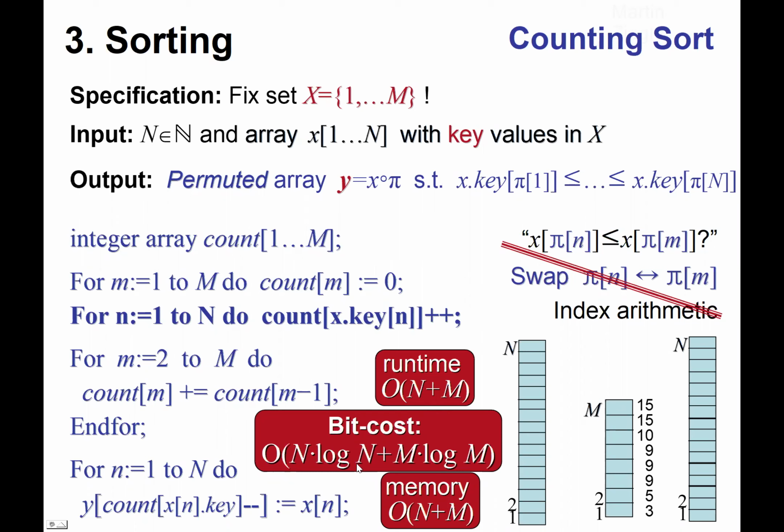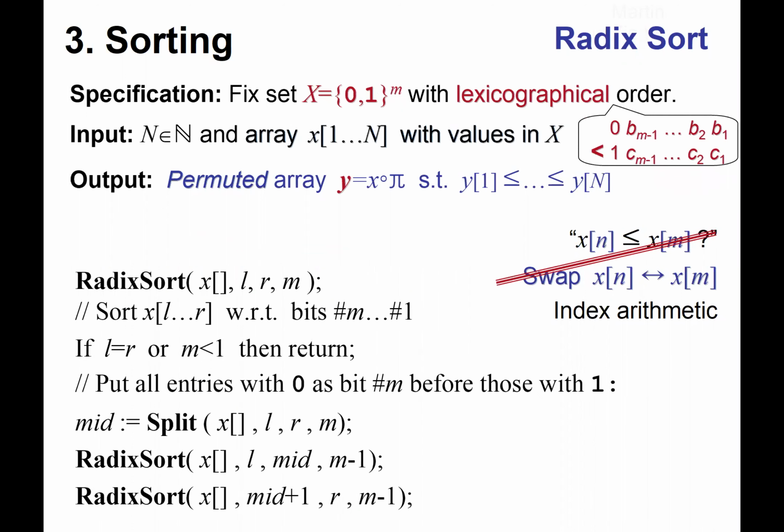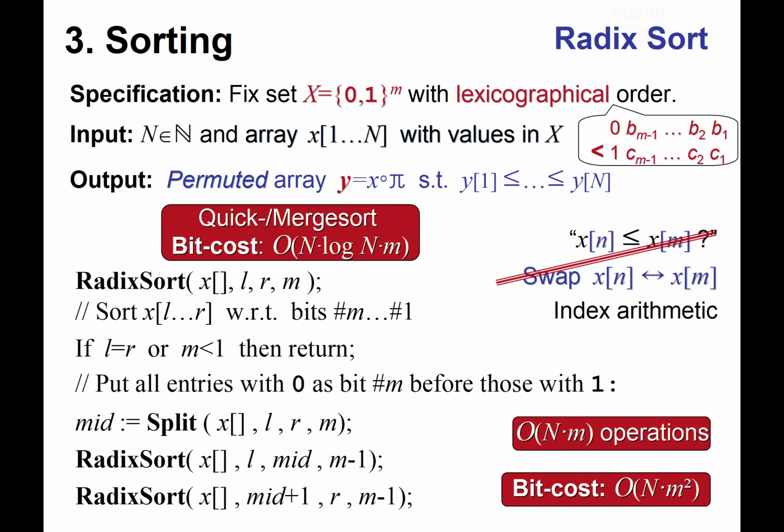So this is a bit cost analysis of counting sort, and we already did similar bit cost analysis of radix sort, here multiplying every operation with m, because we're talking about bit strings of length m, so every operation incurs m bit operations.